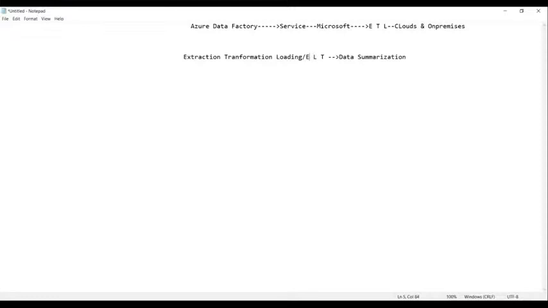What is ELT? Extraction, loading, and transformation. Azure supports both, whether it is ELT or ETL, whatever it may be.